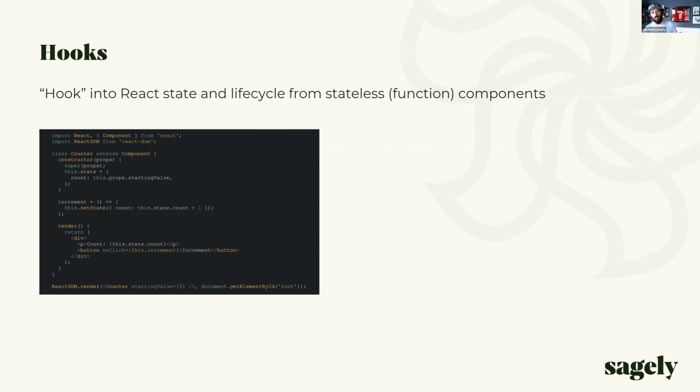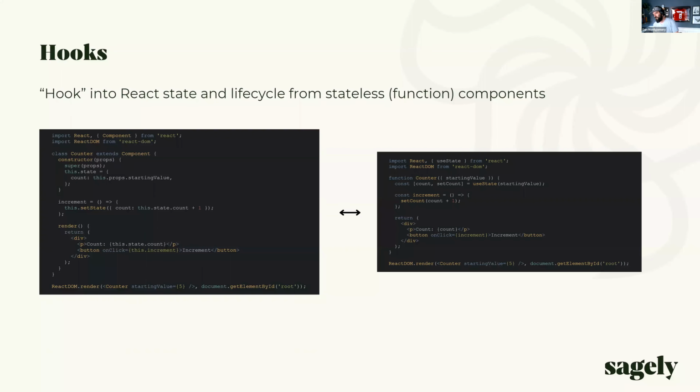But people don't like classes in JavaScript, and the JavaScript developer ecosystem is very fluid. So we as an industry decided that we don't like writing classes, we like writing functions. And hooks were introduced as a way to give us those same stateful capabilities and access to React lifecycle events in stateless function components.